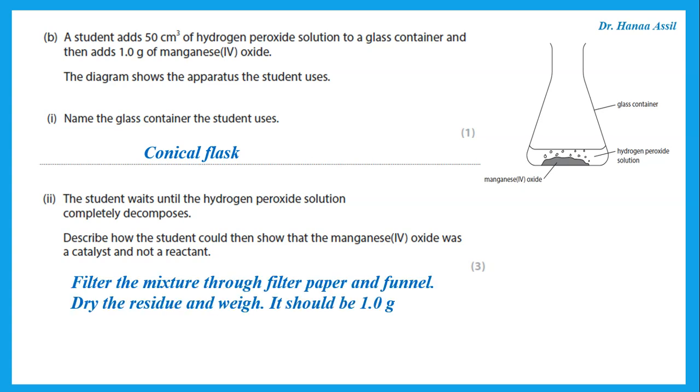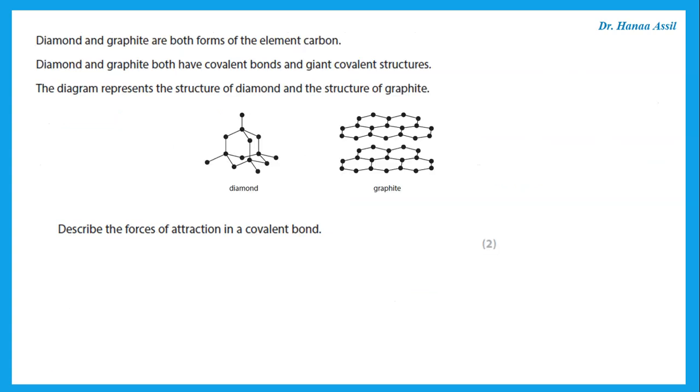And that means if I filter the mixture through filter paper and funnel, dry the residue and weigh it, it should still be the same mass of manganese oxide that we started with, and that shows that it is not a reactant, it's just present there to make the reaction fast.